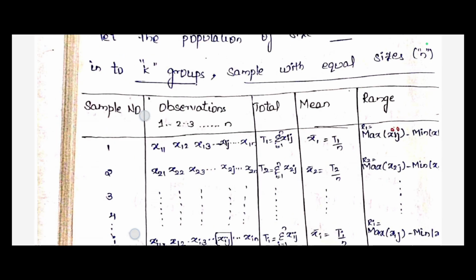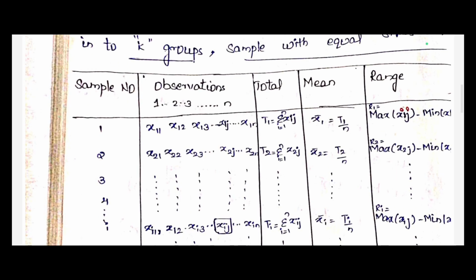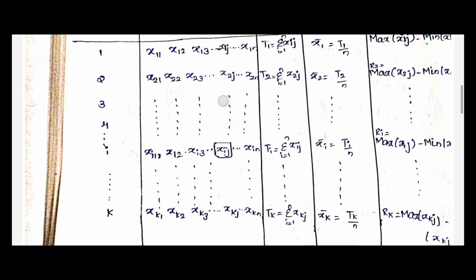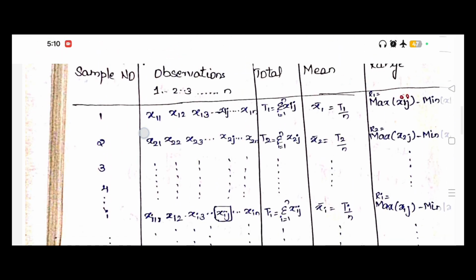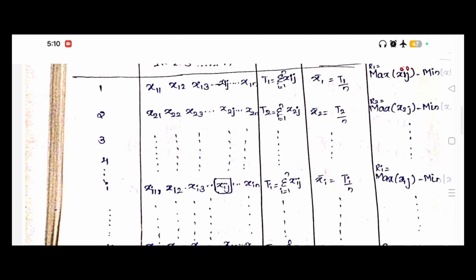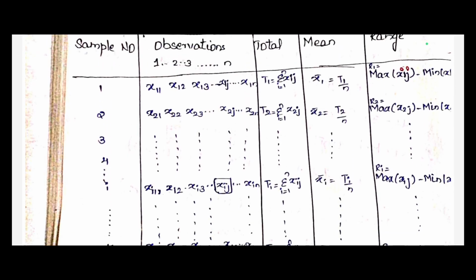Here you can see the observations: sample number 1, sample number 2, sample number 3, and so on up to sample number k, and the observations x11, x12 and so on. The totals are T1, T2, and Ti.